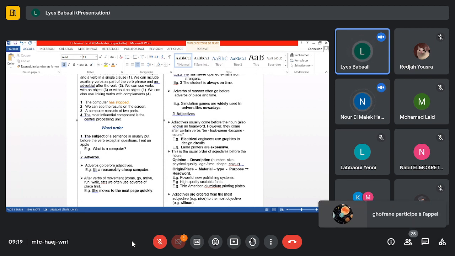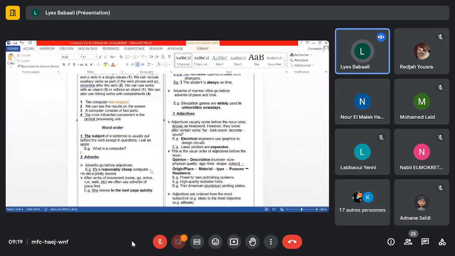It's a reasonably cheap copy. Or he did a pretty decent job. Usually here the adverb is before the adjective. Here the adverb describes the adjective, decent.